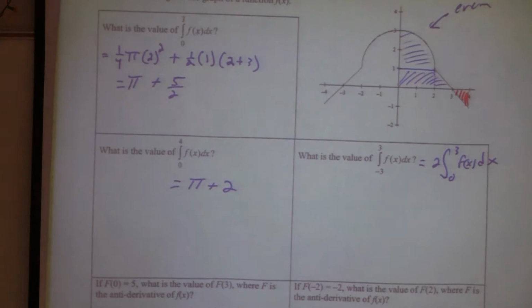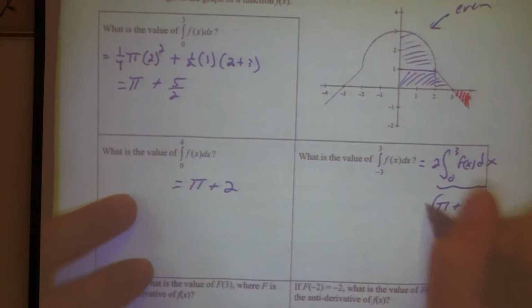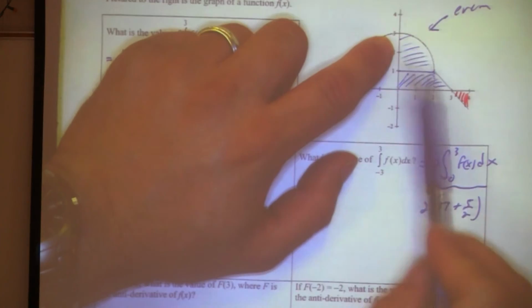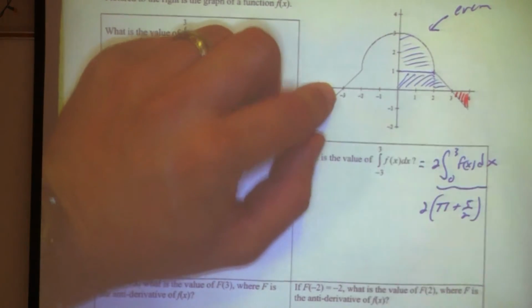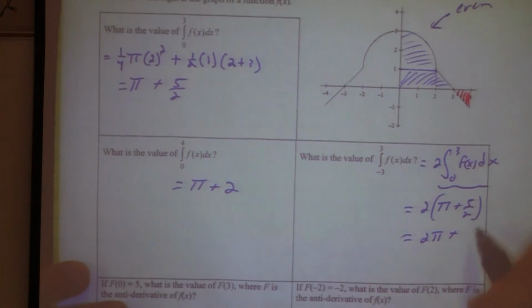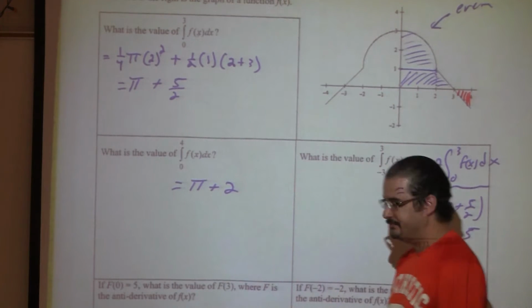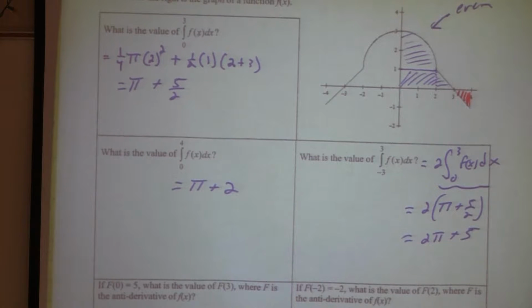What was the answer to that in number 1? Pi plus 5 over 2 times 2, right? So we calculated that already, just multiply it by 2. So we end up with 2 pi plus 5. Very good. Okay? Value.